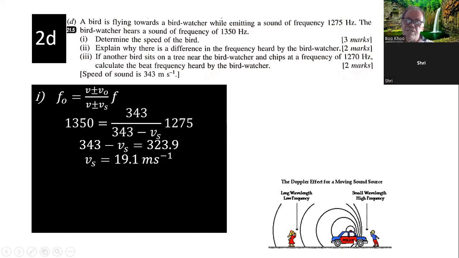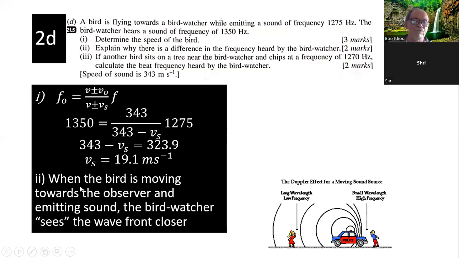As the bird or the police car is moving towards the observer, the source is moving towards the observer, so the wavefront is closer. Wavefront closer means the wavelength is shorter. Smaller wavelength means higher frequency.